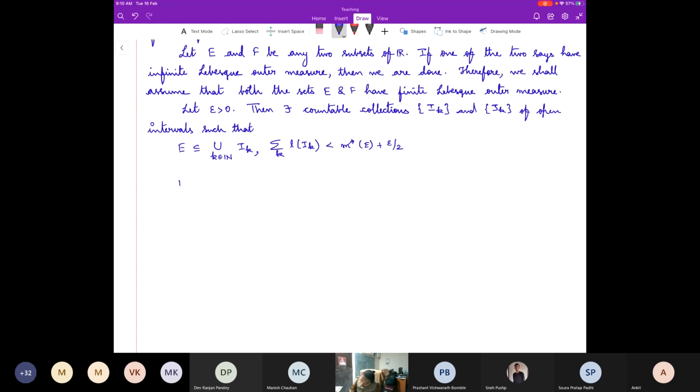And similarly, F is contained in the union over k in N of J_k, and the summation over k of the length of J_k is less than m star of F plus epsilon by 2. Each one of them.